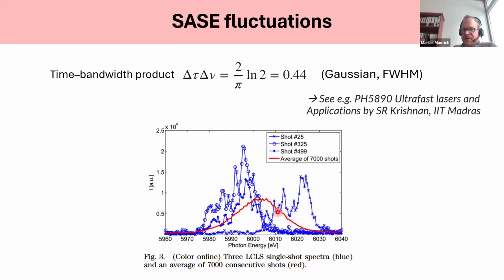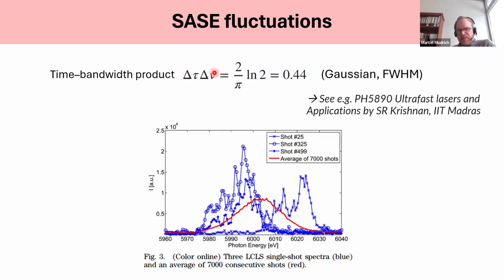And for these Fourier limited pulses, which are quite easy to achieve in the, let's say, visible or infrared range with femtosecond pulses, we have the general time bandwidth product that limits the duration of the pulses.